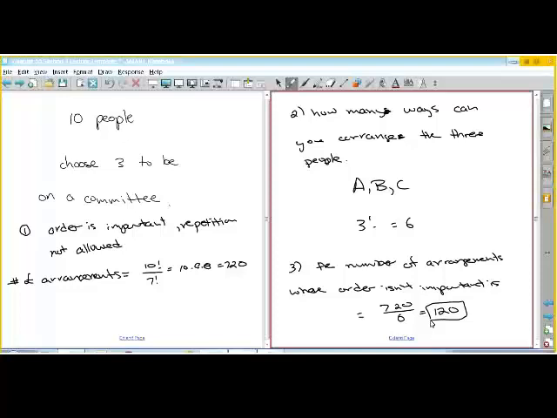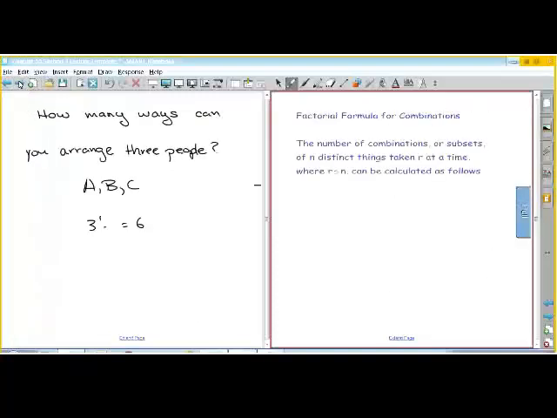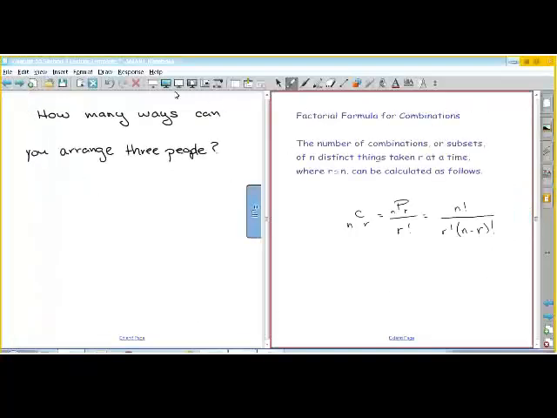Okay, so that's using the fundamental counting principle and the number of ways you can arrange distinct objects. These are called combinations. And the formula is this: the number of combinations or subsets. Instead of using arrangements, we're using subsets, because remember, from the previous class, the order was not important for sets. So the number of combinations or subsets of n distinct things taken r at a time, where r is less than or equal to n, can be calculated as follows.